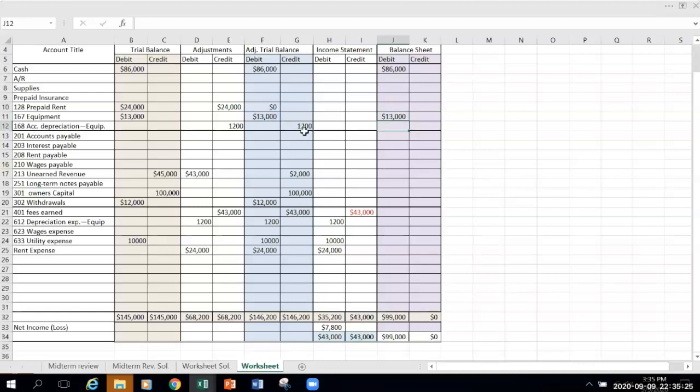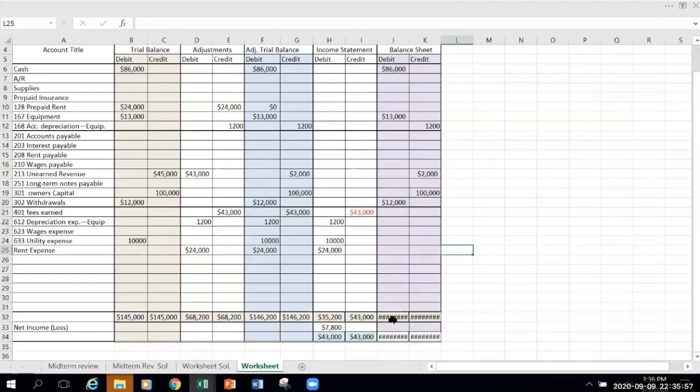The other one, this is credit, right? Don't make a mistake. So equals to credit of $1,200, enter. Liability is credit also, so equals to $2,000 credit, enter. Capital is credit. And there is one thing, withdraw here, equals to withdraw 12,000, enter.